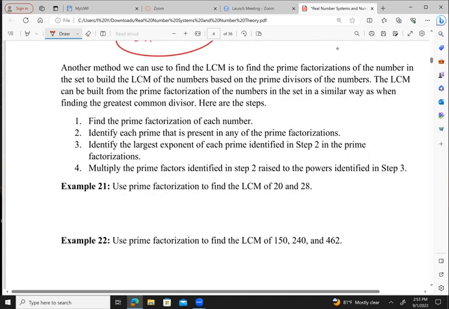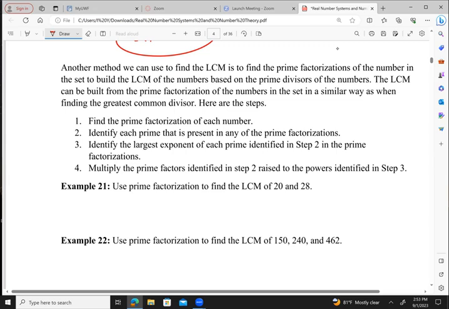Here are the steps. So we'll start with: find the prime factorization of each number. Identify each prime that is present in any of the prime factorizations. Identify the largest exponent of each prime identified in step 2 and multiply the prime factors identified in step 2 raised to the powers identified in step 3.